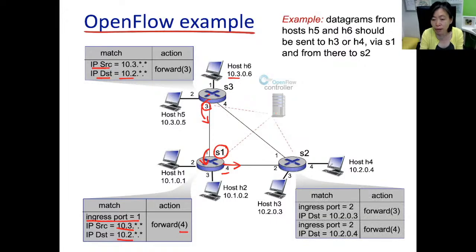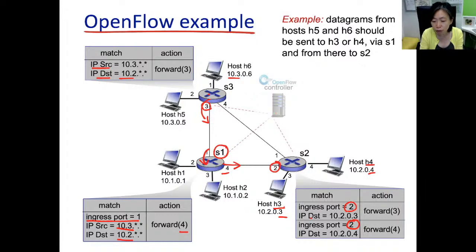And then we manually configure the S2 flow entry looking like this. Ingress port being 2, so the packet is definitely coming in from here. Now, we need to separate the traffic so that it goes to H3 and H4 correspondingly. These are different IP addresses.